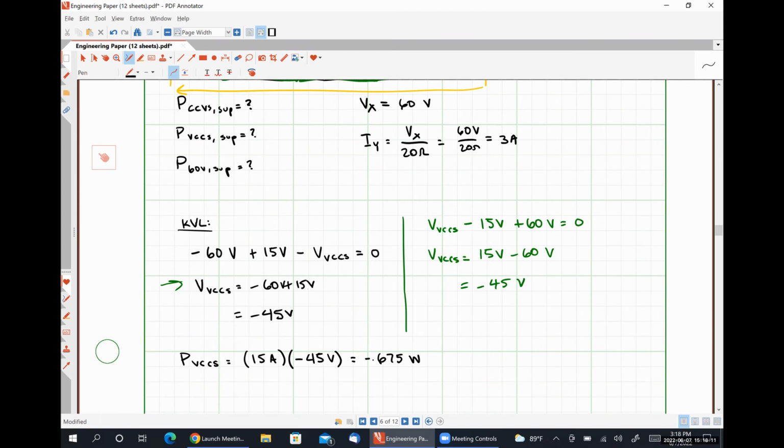So that's the power supplied by our voltage controlled voltage source.